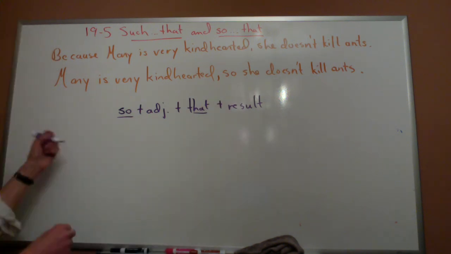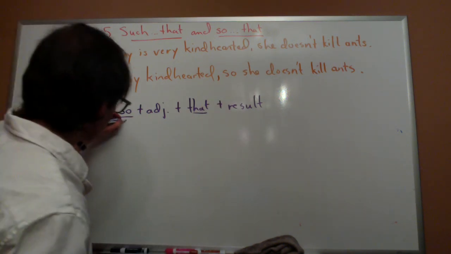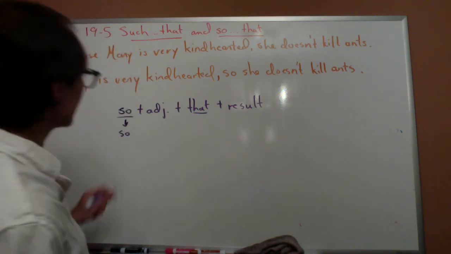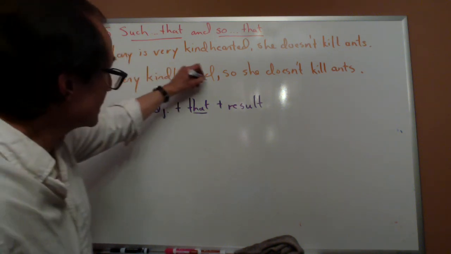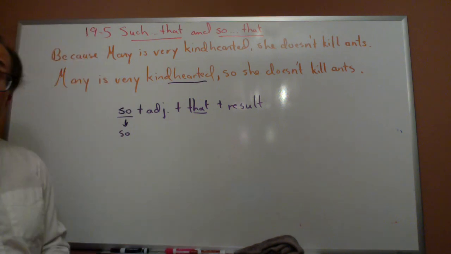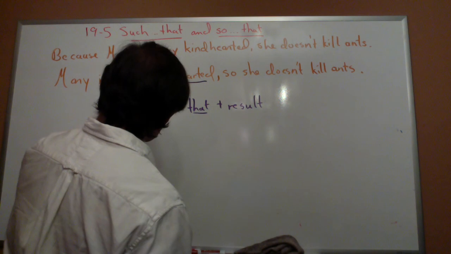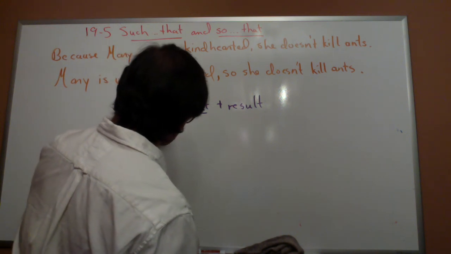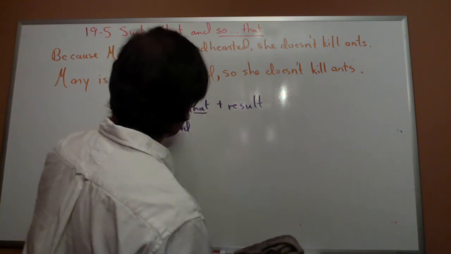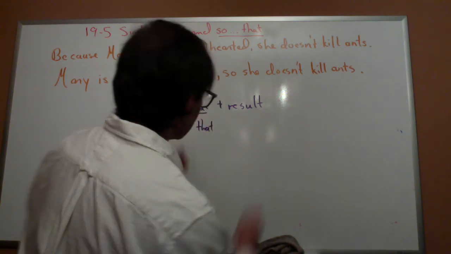So here, I would start by writing the word so, and then I write the adjective. The adjective here is kind-hearted. So I could say kind-hearted, and then I have that, and then the result.